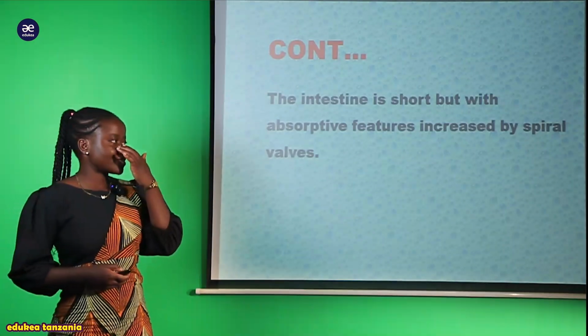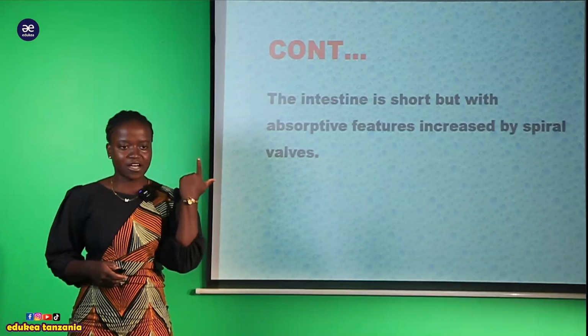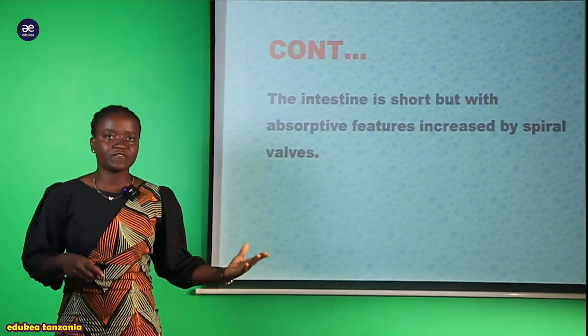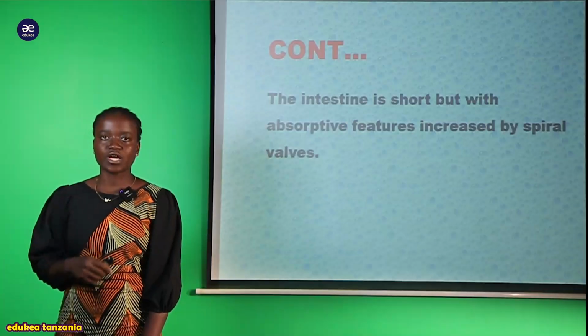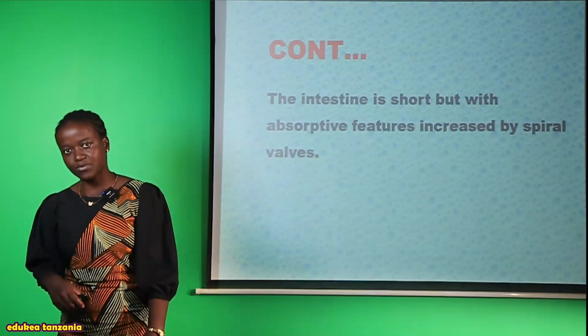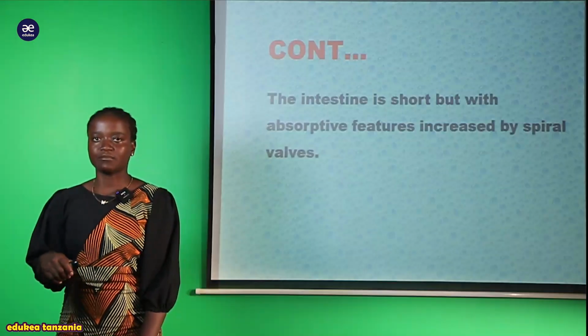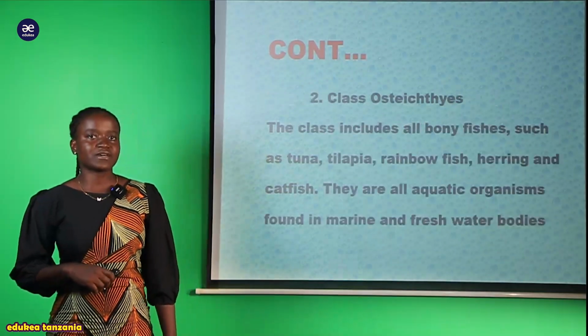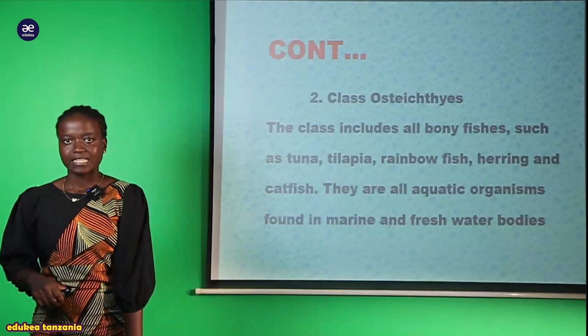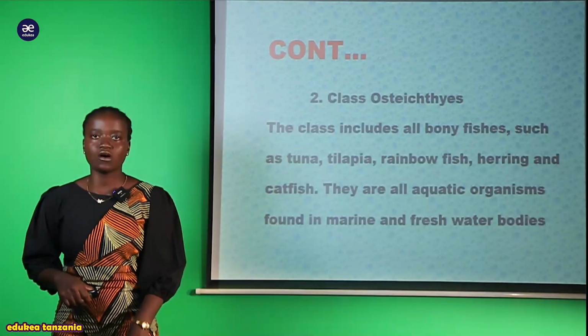So also, my student, after we have seen the structure of the shark and the features found within the shark, now I would like to take you through another class which is found within the phylum Chordata. And this class, my student, it is called the class Osteichthyes. The class, it is called the Osteichthyes.